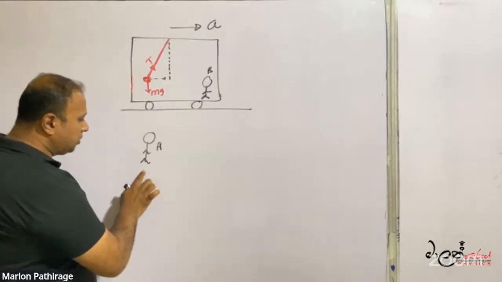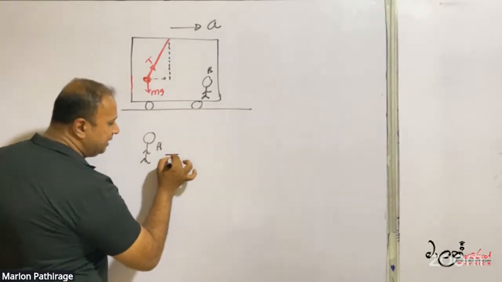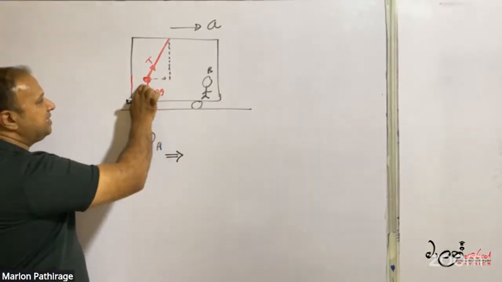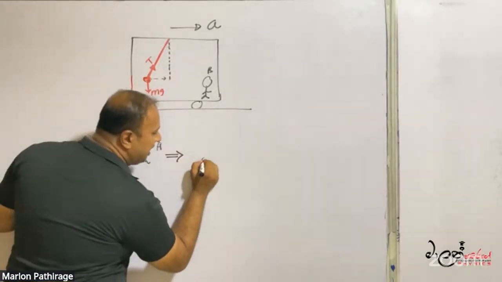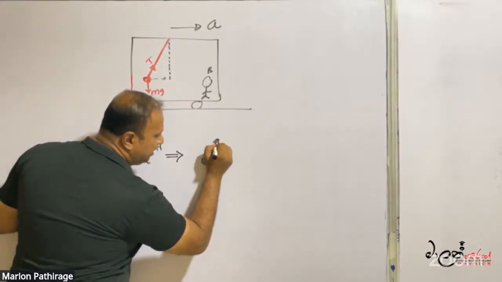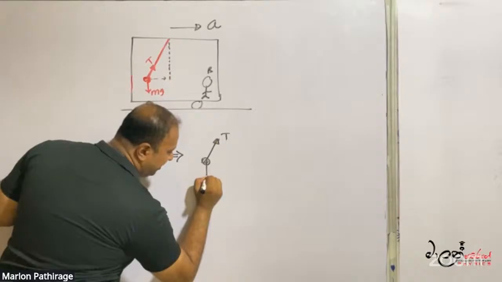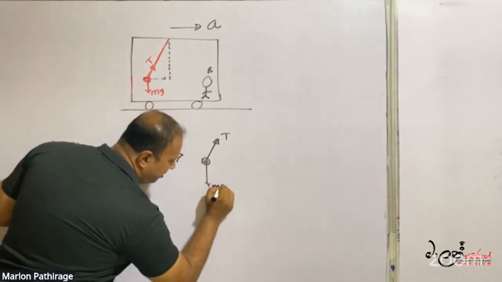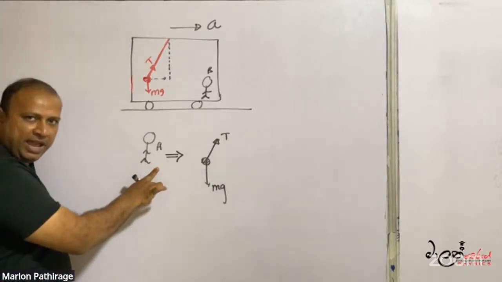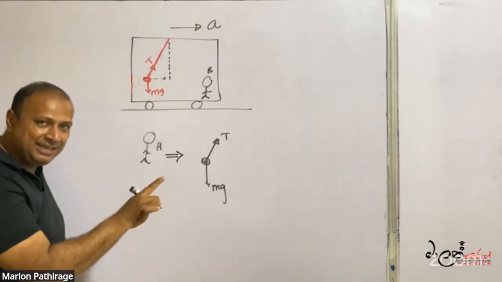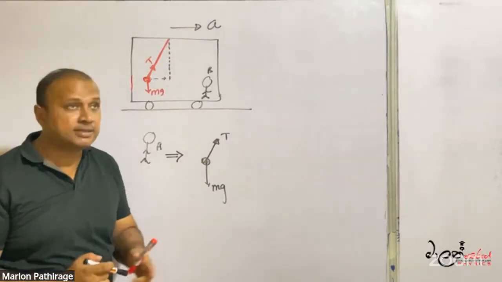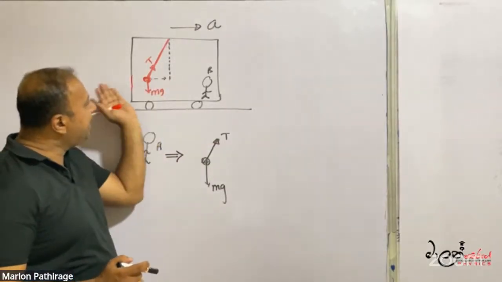Therefore, according to A, the forces exerted on this object are like this. There's a tension force into this direction. There's a weight here. So according to A, this object is in an unbalanced condition because this object has an acceleration.